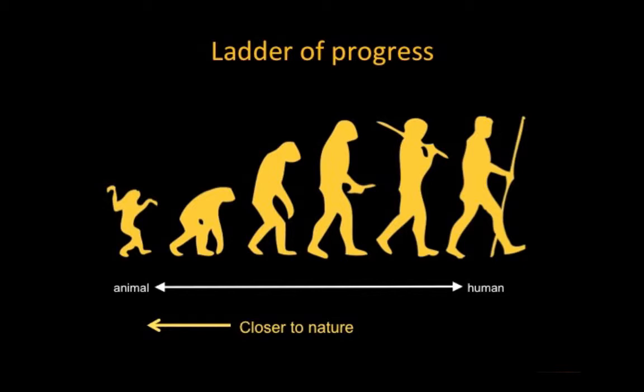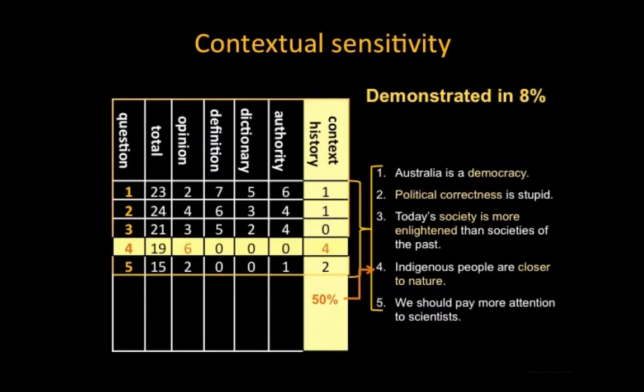So only 8% of students showed any sensitivity to unpicking background cultural knowledge, so it was done very poorly. And 50% of the people who did it did question 4. I thought it might be because the students who did this were better students. I haven't done the statistics on that. The numbers are pretty small, but in fact it went across the grade range.